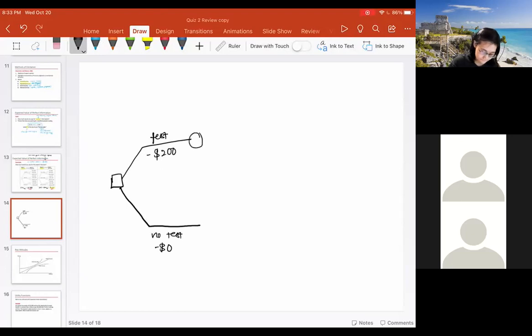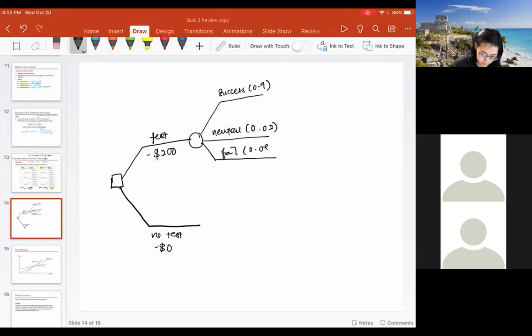But success would be raised to 0.9, neutral would be 0.02, and fail would be 0.8.